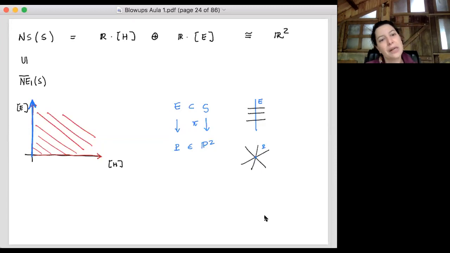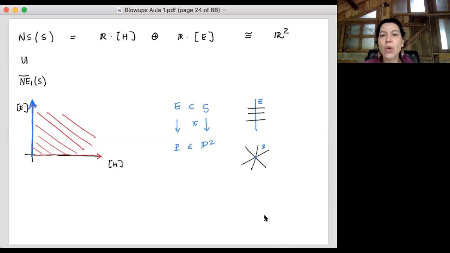So I draw one of the extremal rays of the cone. I draw it in blue, which is the ray spanned by the class of the exceptional divisor E. And notice that in this case, we have this morphism pi from S to P2 that contracts the exceptional divisor E to the point.